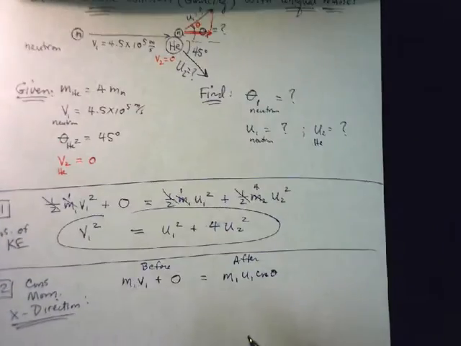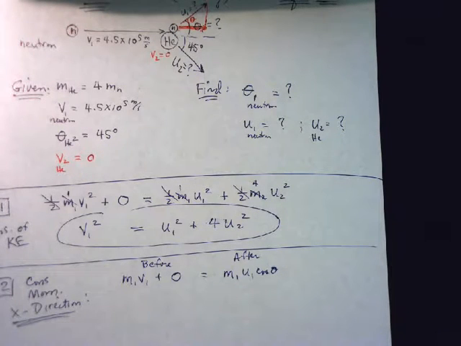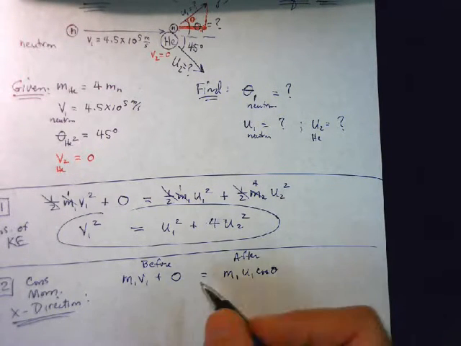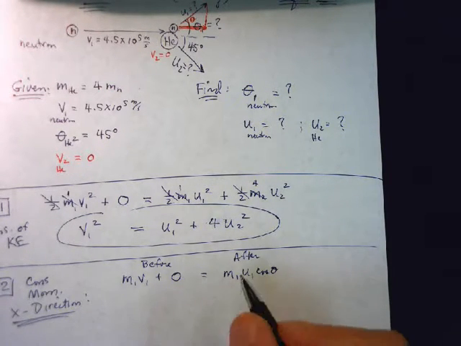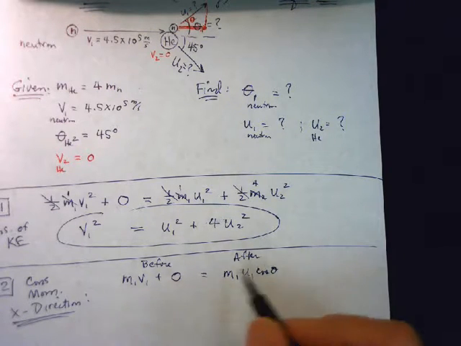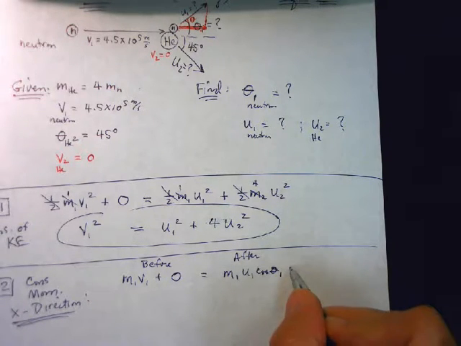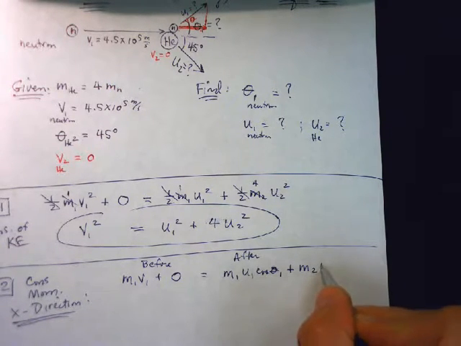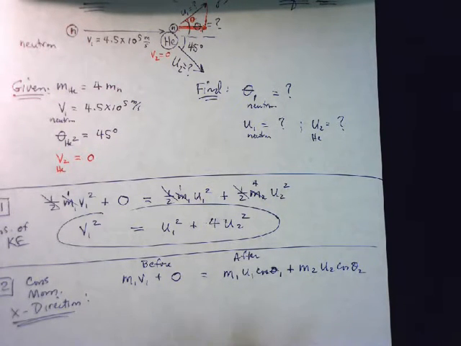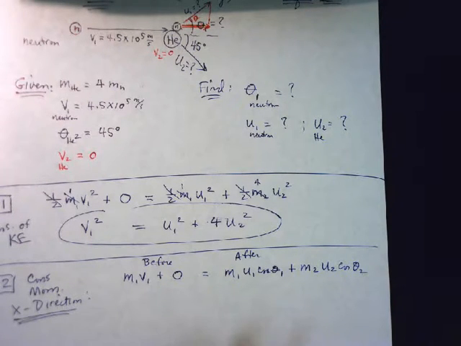So anyway, getting back down to our conservation of momentum in the x direction, the momentum before is equal to momentum after. So this is M1 U1 cosine theta 1 plus M2 U2 cosine theta 2. We just have a lot of terms. That's what makes it fairly tough. Okay?